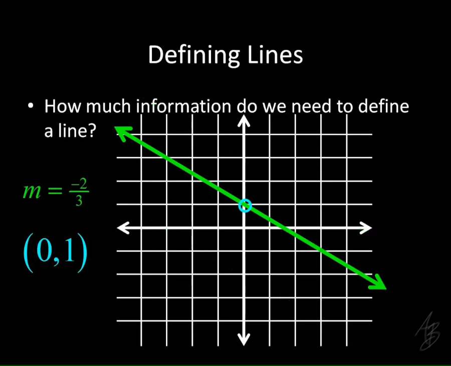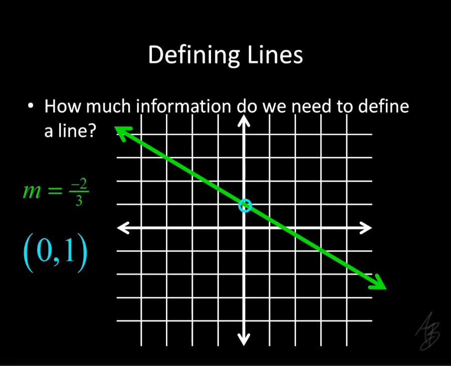Just that one. Is there any other possible line that I could draw that has the same slope and goes through that point? No. That's it. It would be the same line, right? As Dante said, it would just go on top of that one and it turns into the same thing. So it's enough to say we know a point and a slope to figure out what the line looks like. So we can define it by two points, or we could define it by a point and a slope.